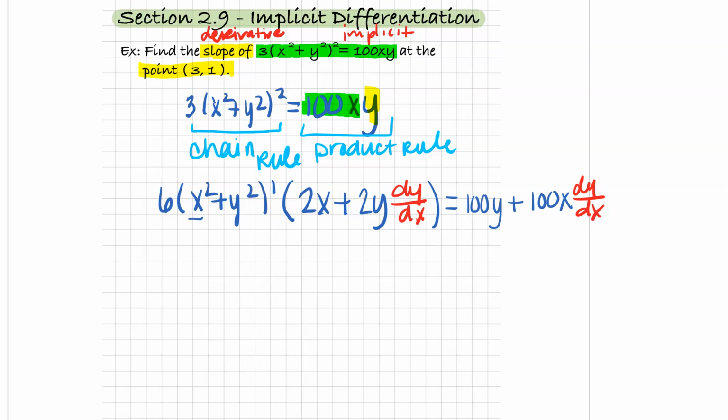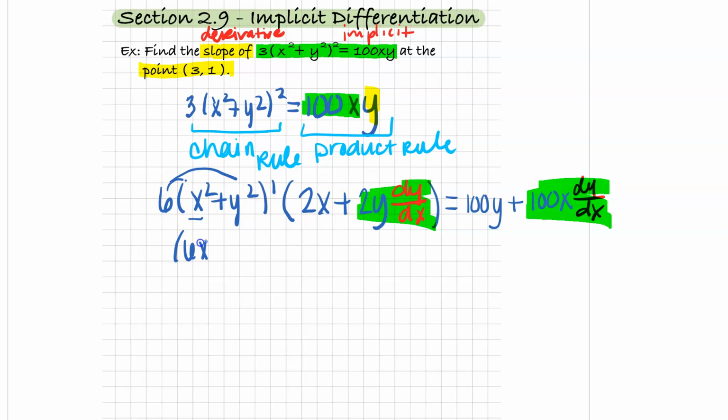Now, you guessed it, we got to clean this thing up. So my goal, in our guidelines, is to get these dy/dx terms all over to one side. But the problem is your left side is within a grouping of multiplication. So we're going to have to multiply this out. So go slow and be careful with your multiplication. I'm going to first distribute the 6 into here.